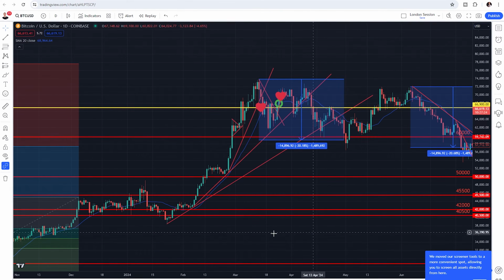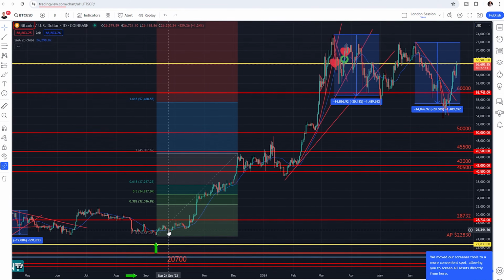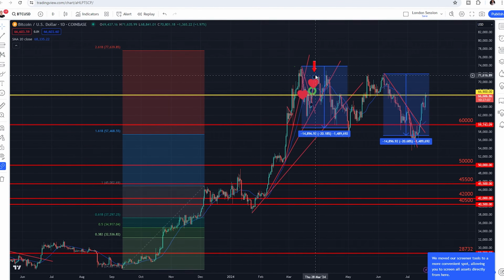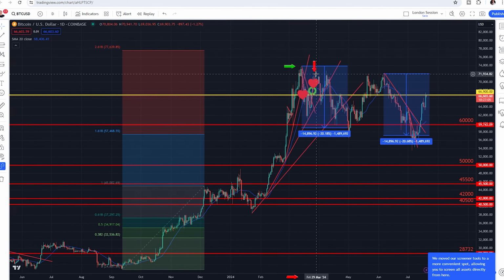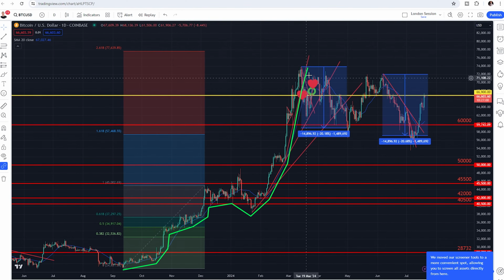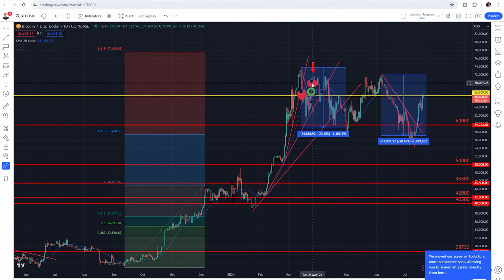For example, if I go back to my TradingView analysis for Bitcoin, since September 2023 until that failure of the recent high, which happened in March this year, Bitcoin was in a very aggressive uptrend, and I was looking for selling opportunities at the end.